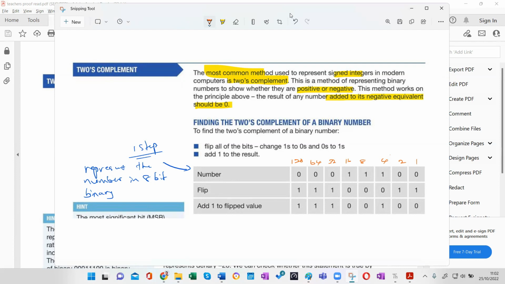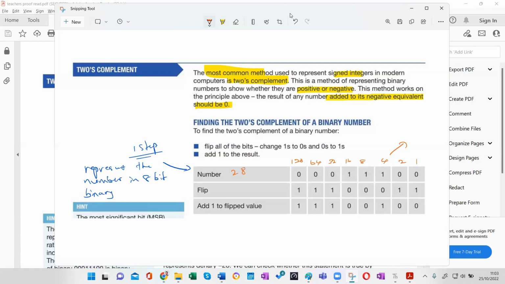Okay, what is this number? Can anyone tell me what this binary number is? 28. 28, good, excellent. How do you get 28? 16 plus 8 plus 4, 28.